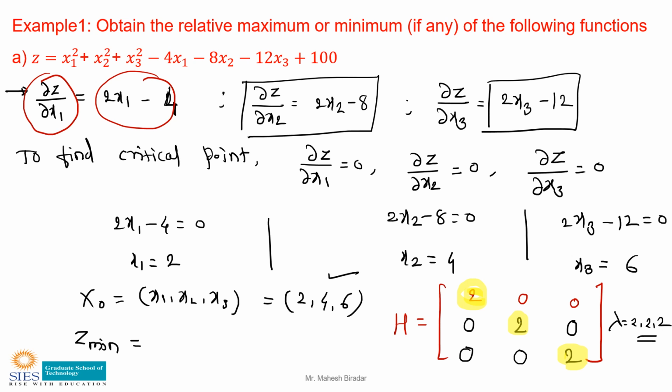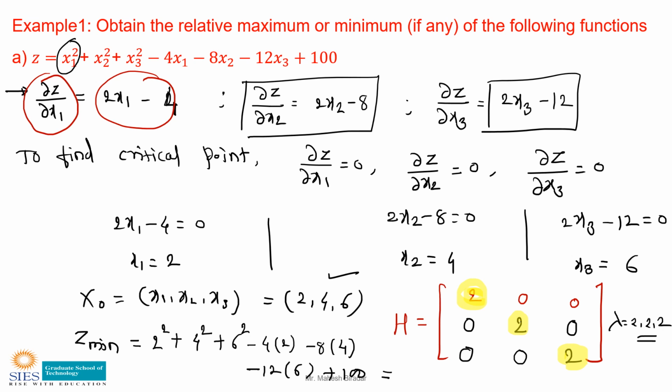To get the minimum value of the function, you can put the value of x1 as 2 in the given z. So this will be 2 square, then x2 is 4, 4 square, x3 is 6, which is 6 square, minus 4 into 2 minus 8 into 4 minus 12 into 6 and plus 100.